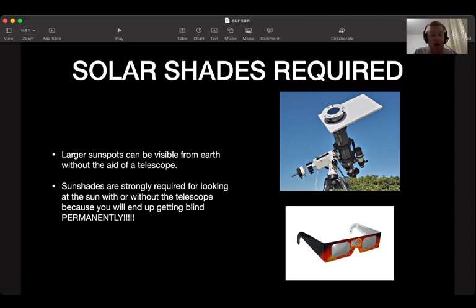Sun shades are strongly required for looking at the sun with or without a telescope, because you will end up permanently blind, guys. Your eyes will be burnt, and you will be blind for the rest of your life. So please use the sunshades when you're looking at the sun, whether there's a solar eclipse or you want to see sunspots appearing.